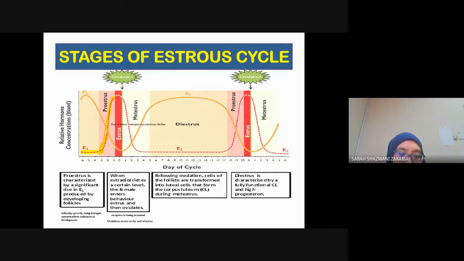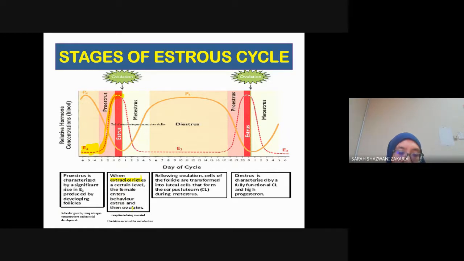The estrogen rises due to follicle development, which means the follicles start to develop at this stage. When the follicles develop, the estrogen rises. Towards the peak of estrogen level, it enters the estrous stage, determined by estradiol reaching its highest.